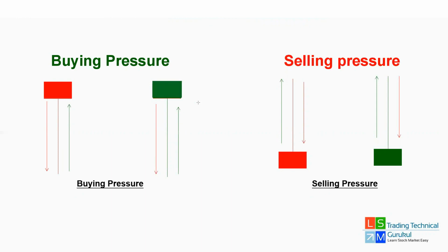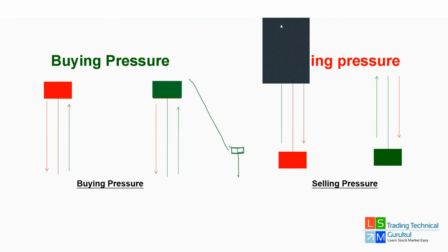Actually, whenever the market started moving down, if you get a candle like this, this is called a pin bar like candle, pin bar or hammer like candle, and again you are getting candles like these.